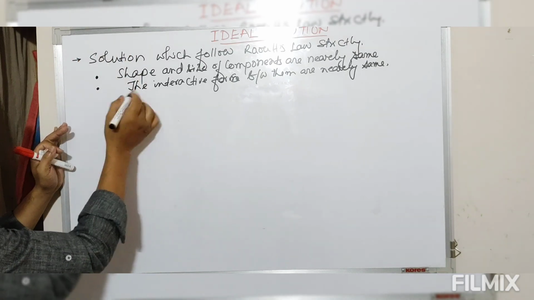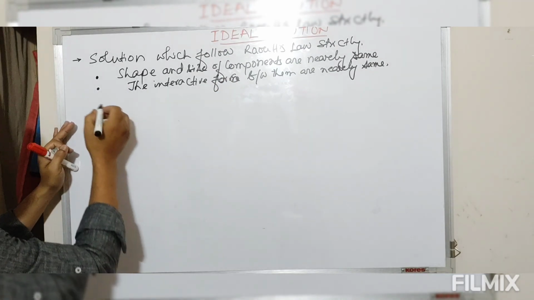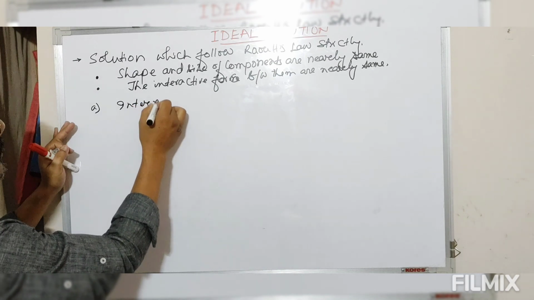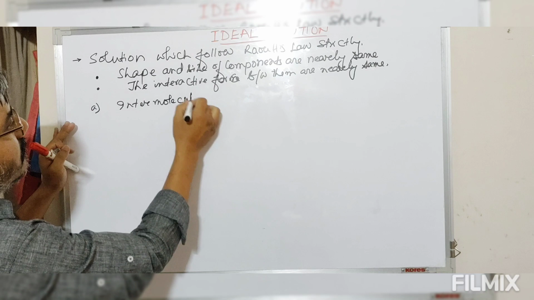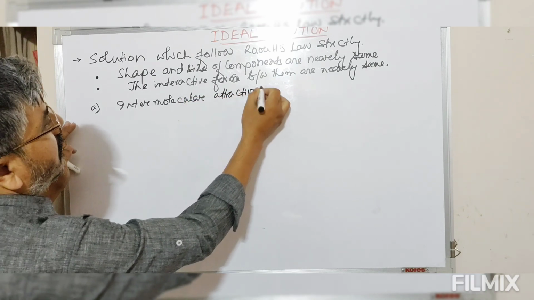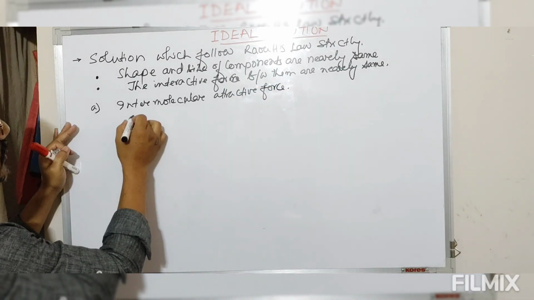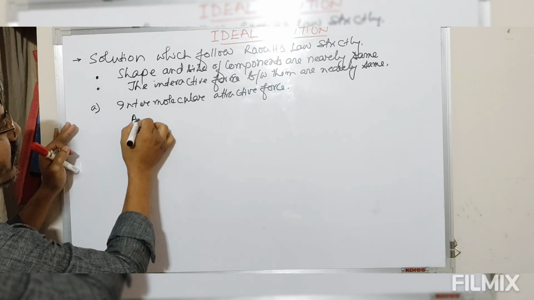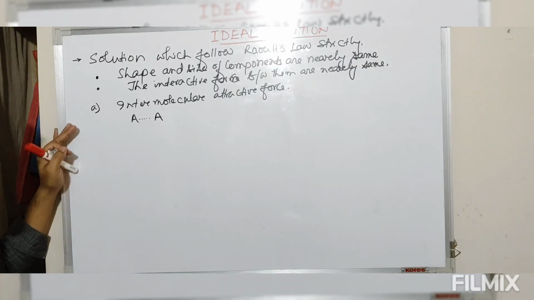So now look at this, in terms of intermolecular attractive force. Now suppose we have a component A. Now this component A and A has got interaction, that is AA interaction.